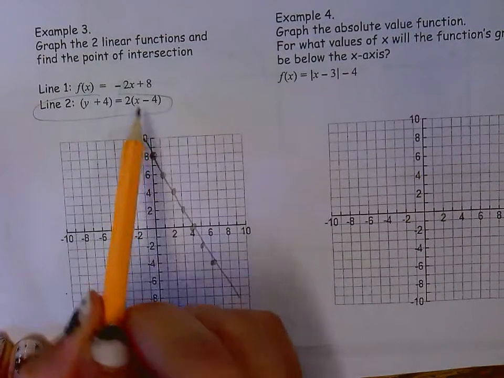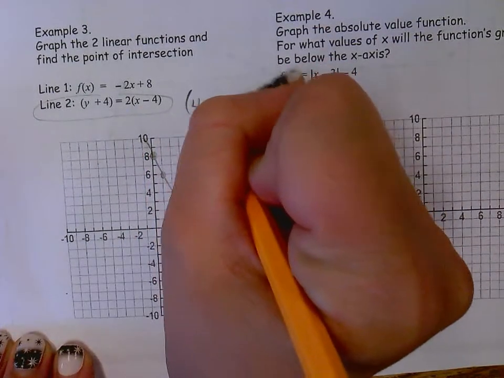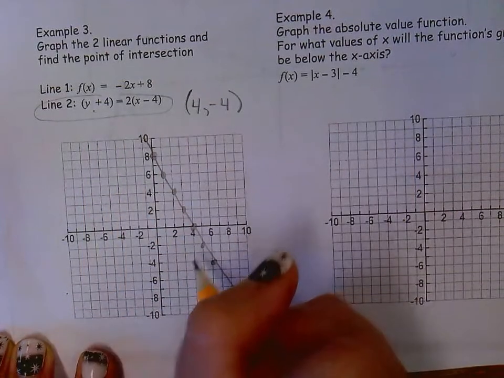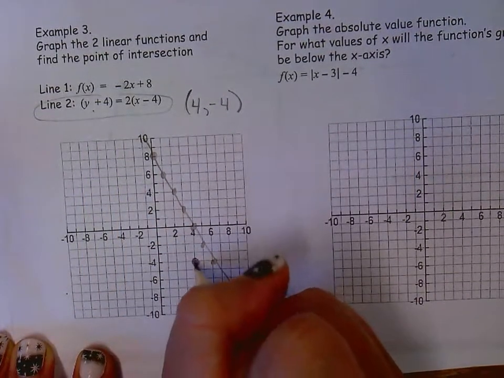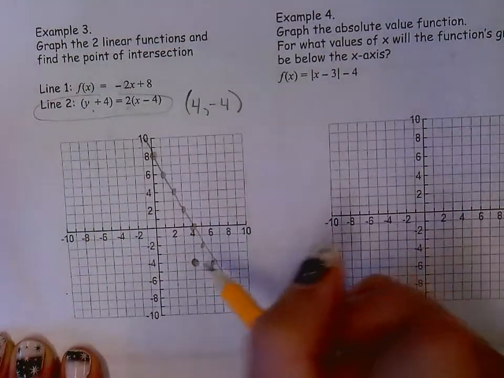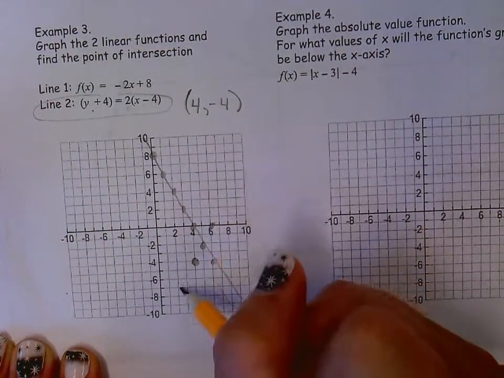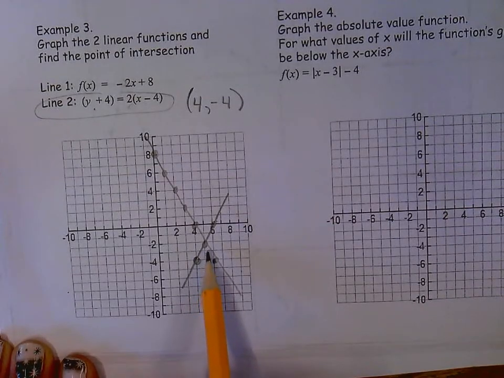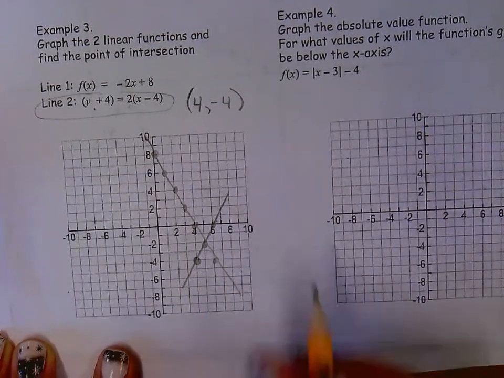Or you can graph the point 4 comma -4, right 4, down 4, and that is going to be a point that lies on your line 2, and then the slope is 2. So you can see from that point, it intersects right away at, did you get that it was 5 comma -2 as the coordinate?